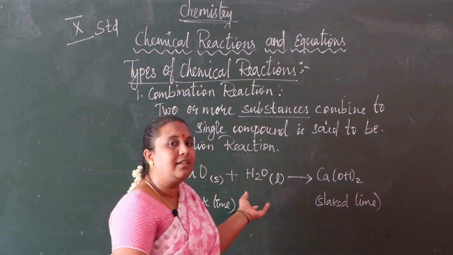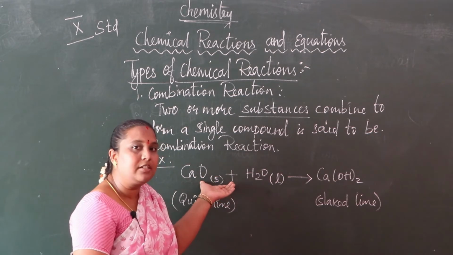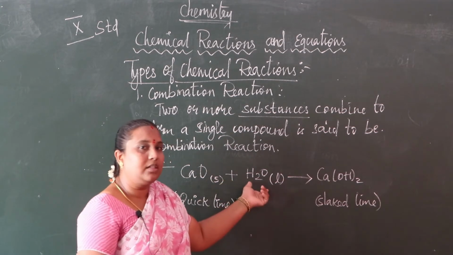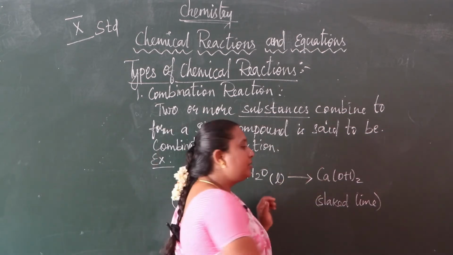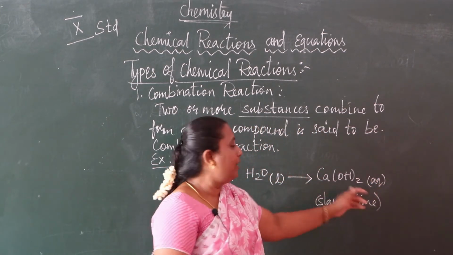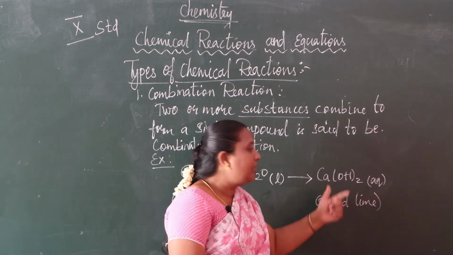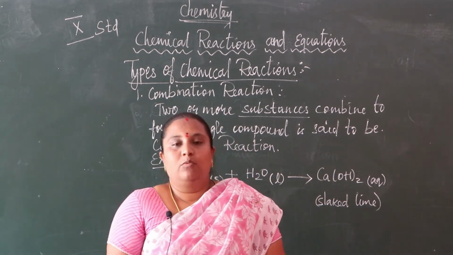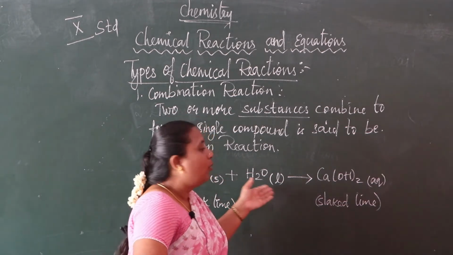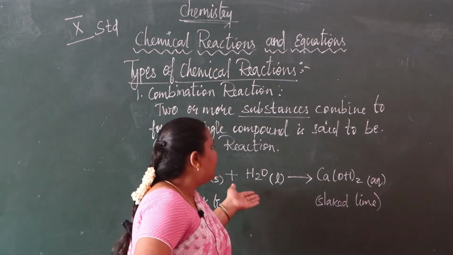They buy a solid form of calcium oxide and mix it with water to make a solution. The state of that solution is aqueous, AQ. This solution is named slaked lime, and it is used in whitewashing walls. In olden days they used this form of whitewashing, but nowadays we have ready-made paints. Understood, children?